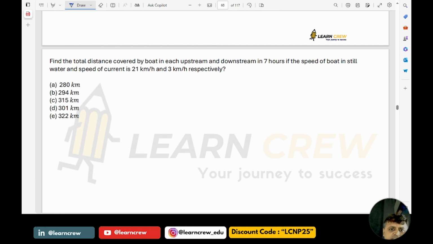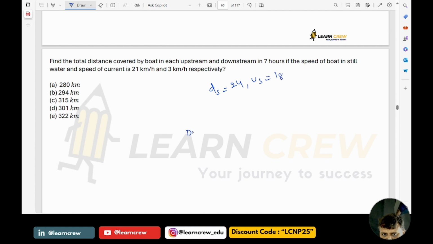Then next. Find the total distance covered by a boat in each upstream and downstream in 7 hours, if the speed of the boat in still water is x and the speed of current is y, both given. So downstream speed is x plus y, 24. Upstream speed is 21 minus 3, 18.